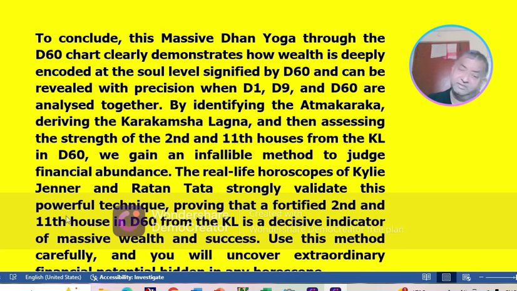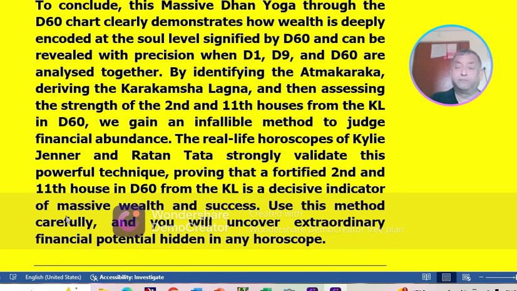from the KL in D60, we gain an infallible method to judge financial abundance. The real life horoscopes of Kylie Jenner and Ratan Tata strongly validate this powerful technique, proving that a fortified second and 11th house in D60 from the Karakamsha Lagna is a decisive indicator of massive wealth and success.